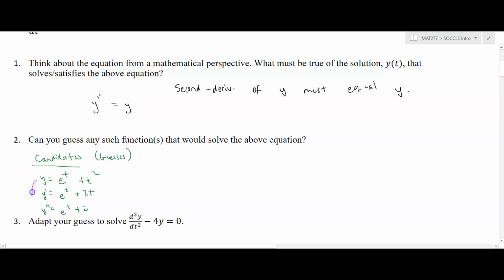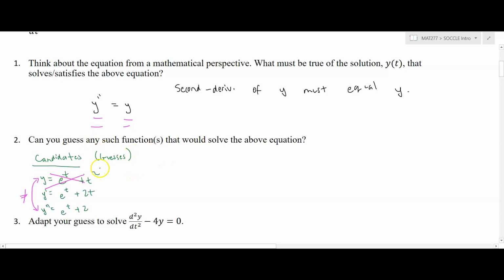And we notice the relationship between y and the second derivative, these two functions, we see that they are not equal to one another. And therefore, since they're not equal to one another, this is not a valid candidate solution.